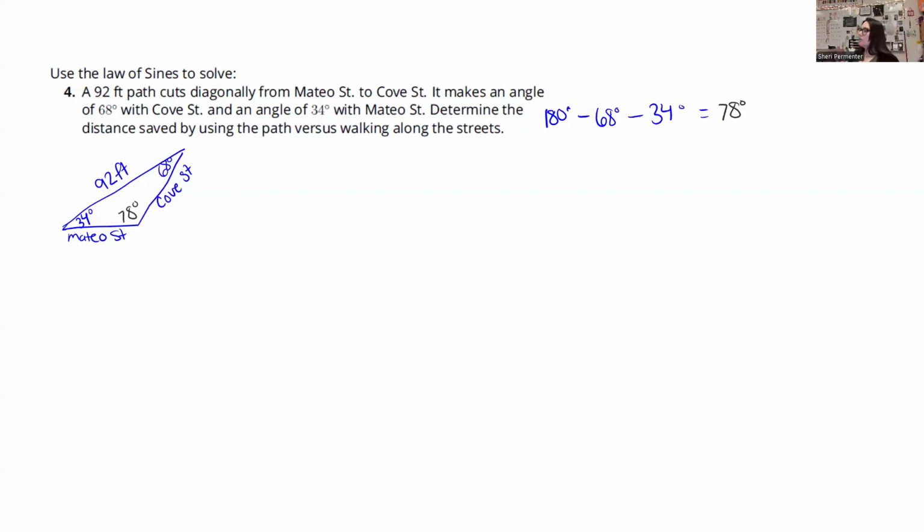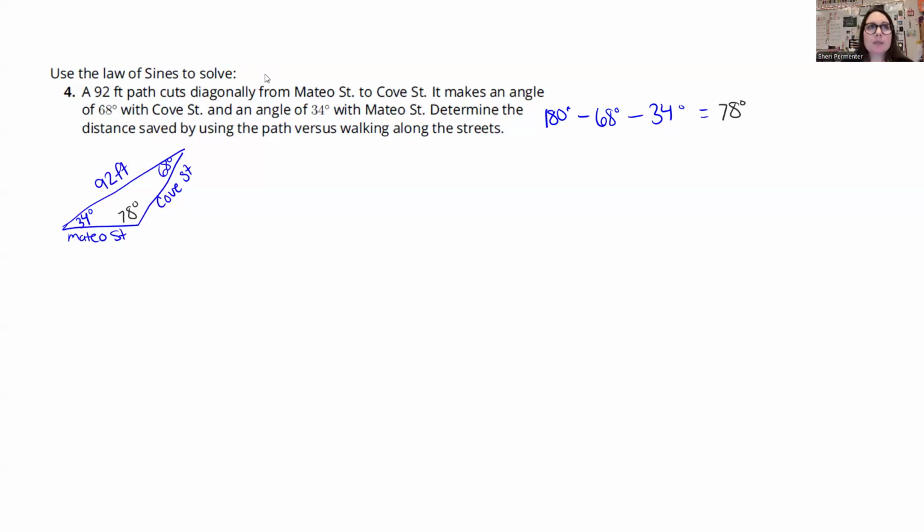If I know 2 angles of a triangle, I can find the third. What if I only know 1 angle? Can I figure out the other 2 just with given information? Can I do the same trick of 180 minus 1 and figure out what the other 2 would be? No. This only works if I already know 2.